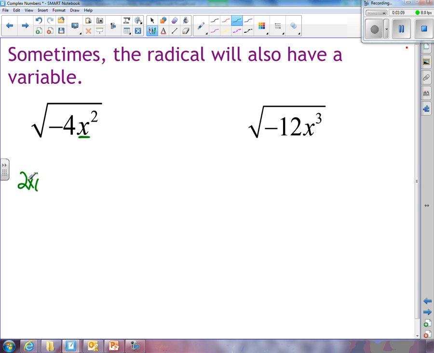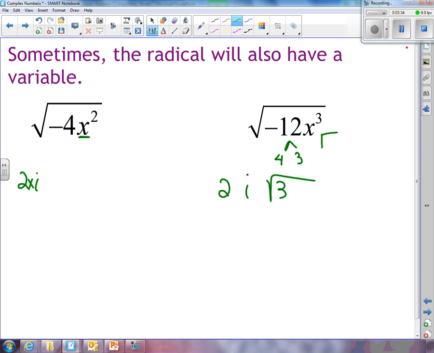Now let's do the same thing with this one. However, this one, not everything comes out. So first, let's take the negative out. The negative becomes an i on the outside. Now 12 can split up into 4 and 3. So the 4 can become 2 on the outside. That 3 is going to have to stay in the radical because it's not a perfect square, it can't come out. Now still this x cubed.